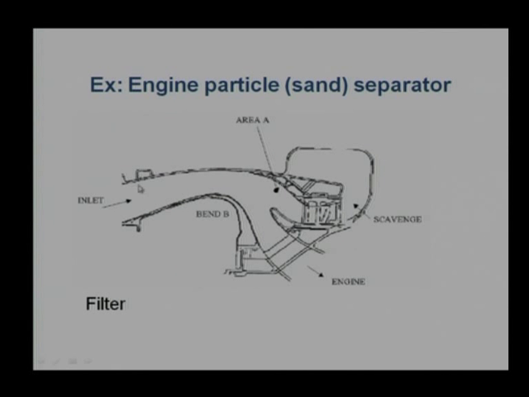This is a schematic of one filter design. We are trying to scavenge the sand particles from this route and air through this route. We can change the route. There is another possibility, we can increase the volume of this duct so that more air can be sucked. But the problem is that for any flying object, lesser weight is preferable.